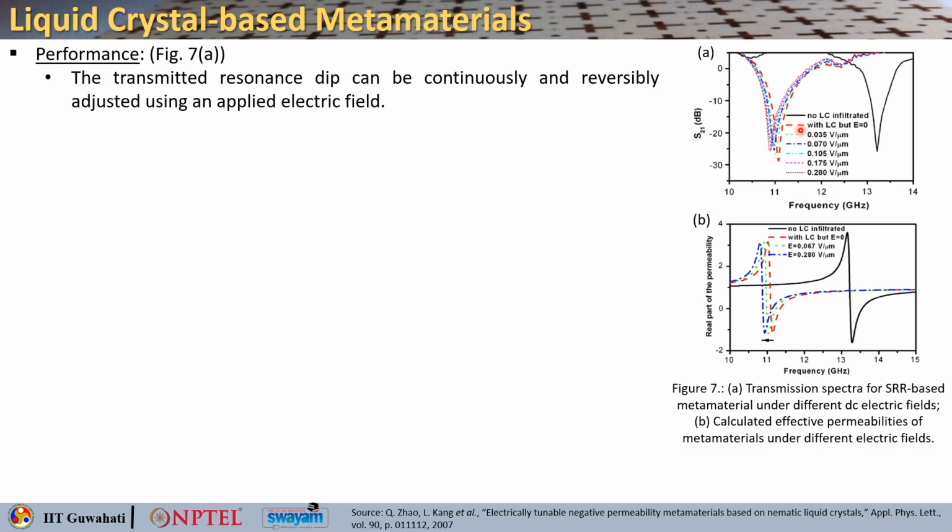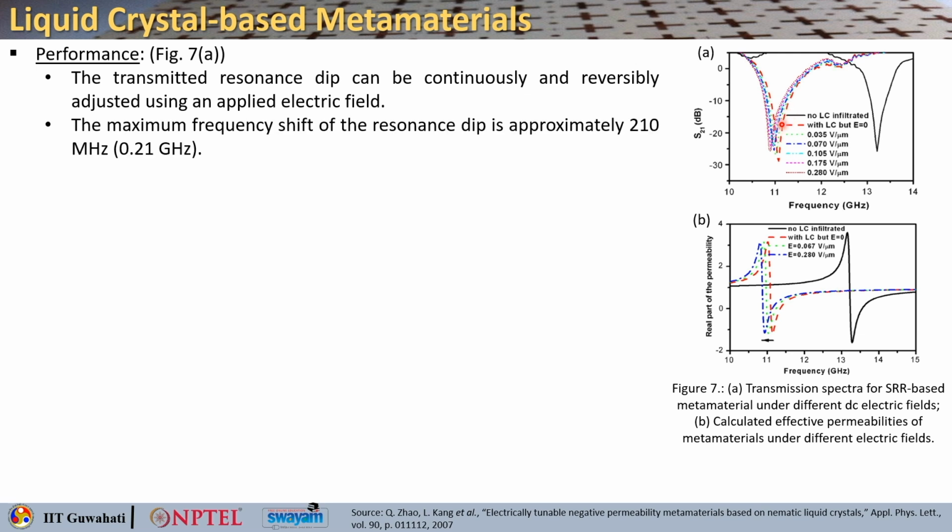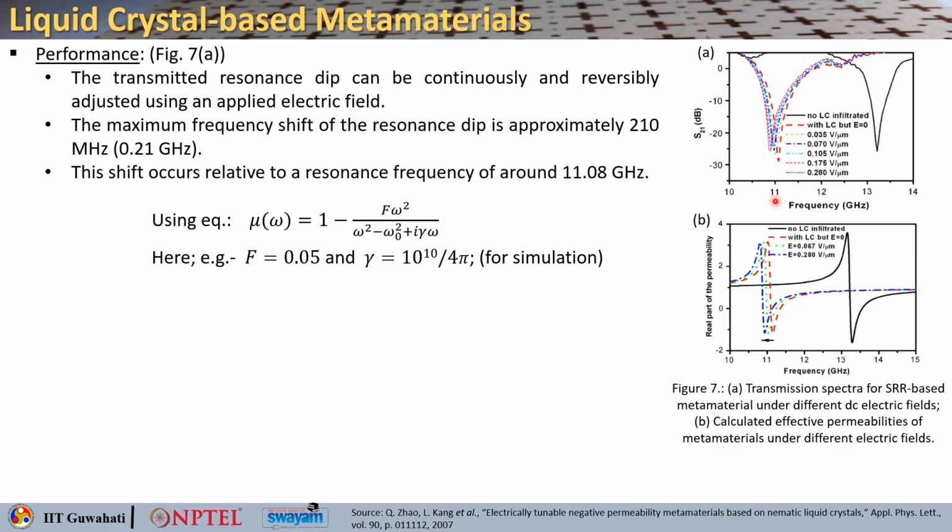Later, as you keep applying the electric field bias, you will see the transmission dip shifting towards lower frequency. Here, the maximum frequency shift of the resonance dip is approximately 210 megahertz, that is 0.21 gigahertz, and this shift is related to the resonance frequency, which is around 11.08 gigahertz.